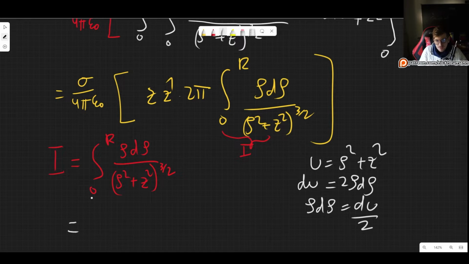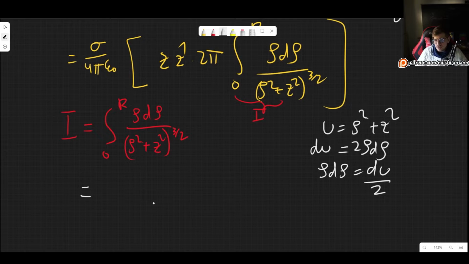So if we plug this into our integral, let's change our limits of integration. I usually just behave lazily, but let's see. u is rho squared plus z squared. So if rho is 0, we get z squared. So this is between z squared and big R squared plus z squared. Okay, so those are the limits.